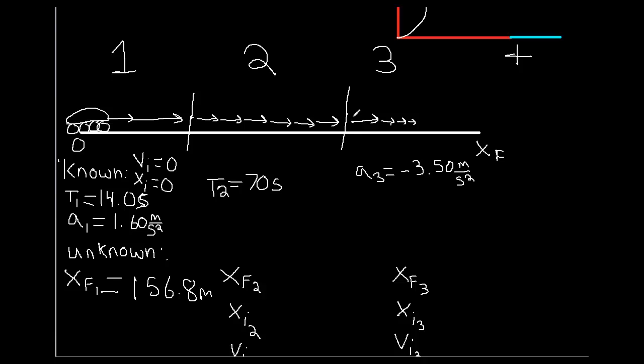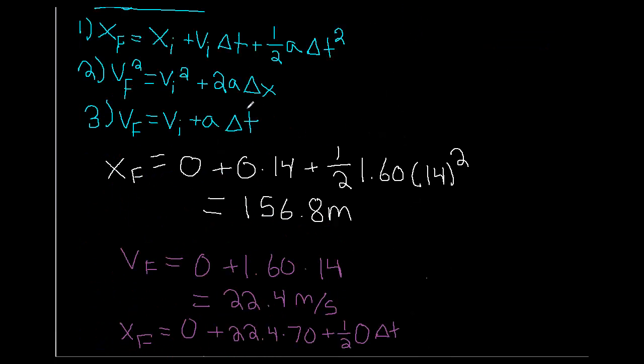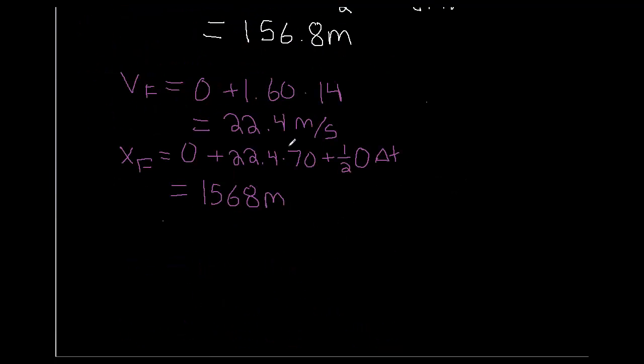So since we have initial velocity and final velocity, we can solve this rather easily, using the number 2 equation. So final velocity is 0, initial velocity is 22.4 squared in this equation, plus 2 times the deceleration of negative 3.5, change in x is what we're looking for, so let's solve.